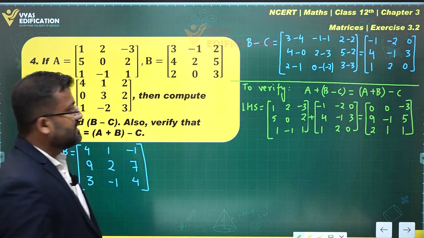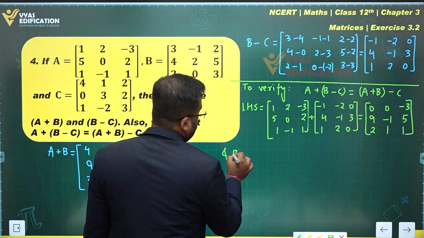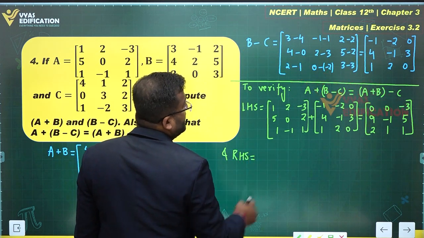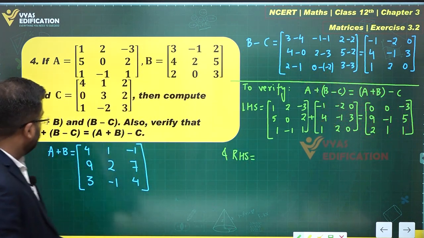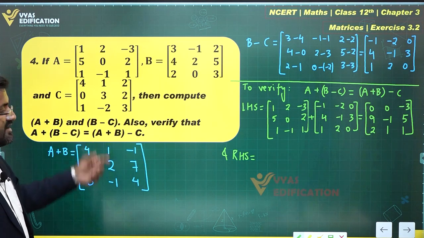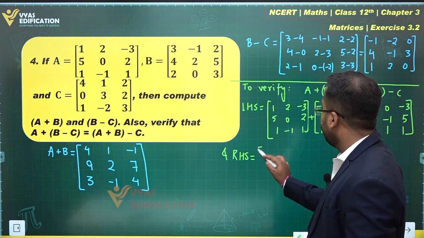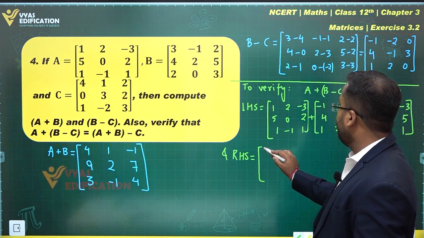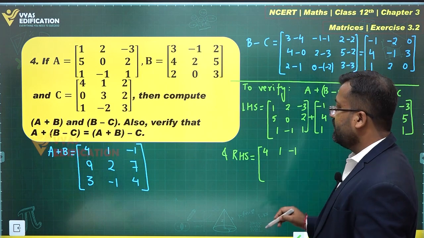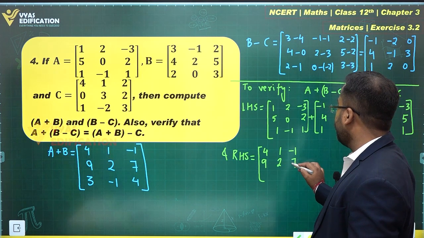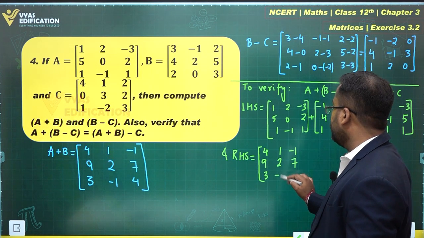What about the RHS? RHS is equal to (A plus B) minus C. Now A plus B is this matrix, C is this matrix. Let's write them first. A plus B is 4, 1, minus 1; 9, 2, 7; and 3, minus 1, 4.